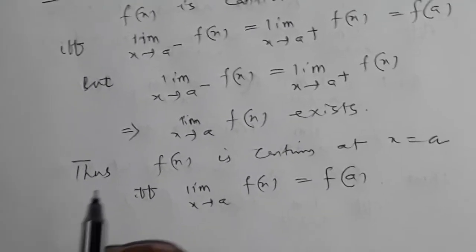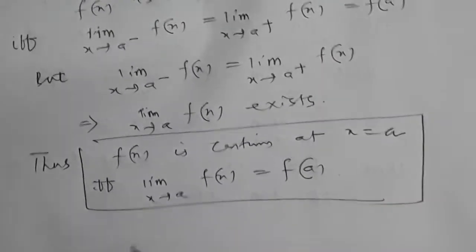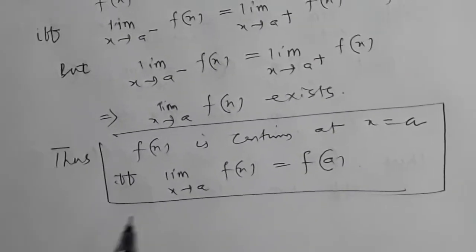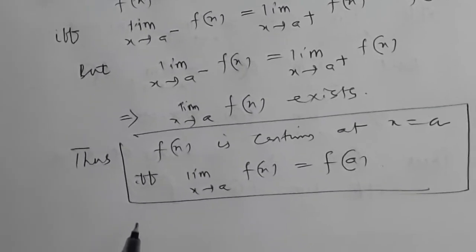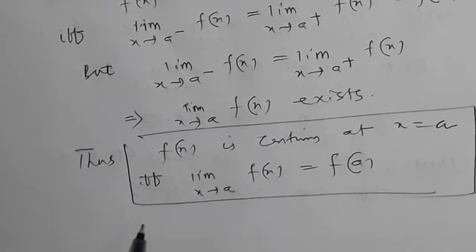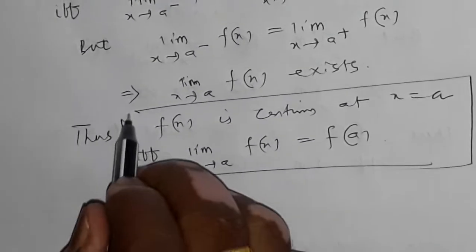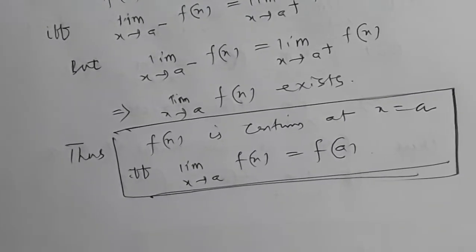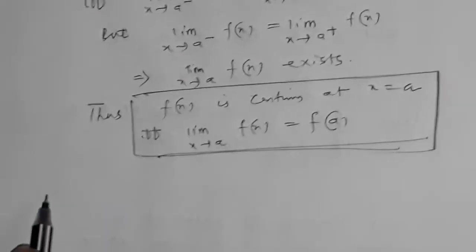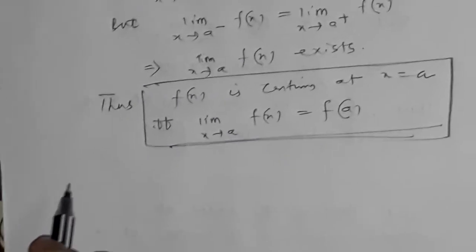We will use this result in finding the unknown quantity in the definition of a function when it is given to be continuous at a given point. Let us solve some problems.